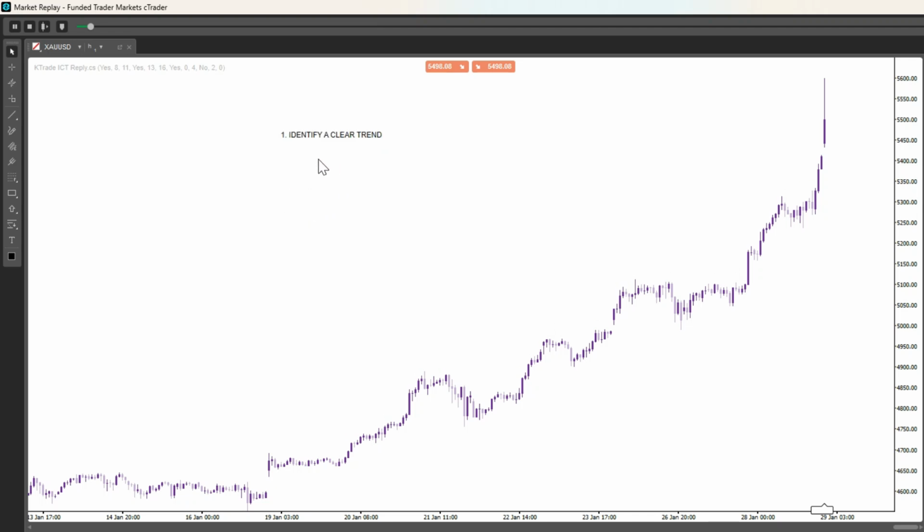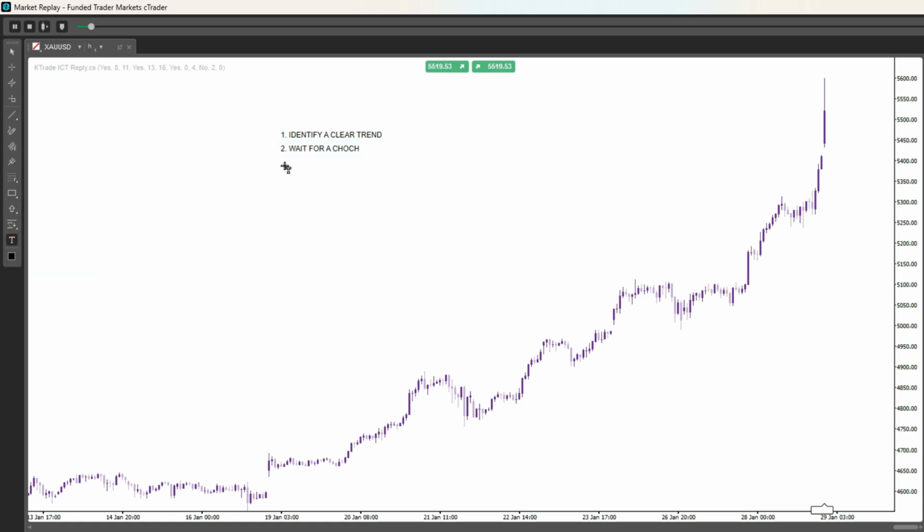After identifying a clear trend, like we see over here, so there is a clear uptrend, the second thing we need to do is wait for a change of character. That is the second step.